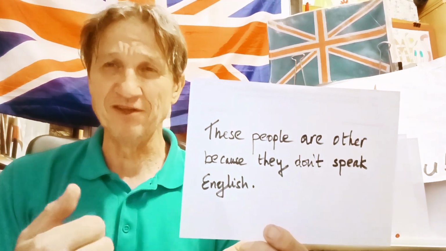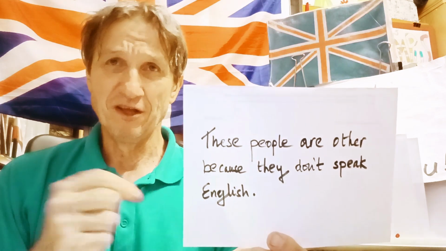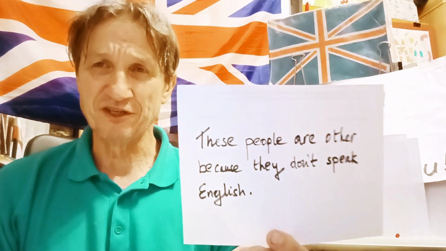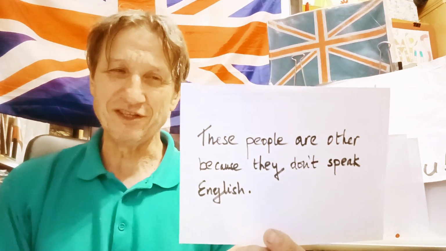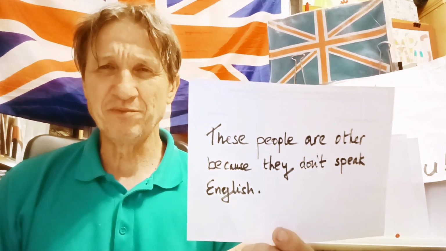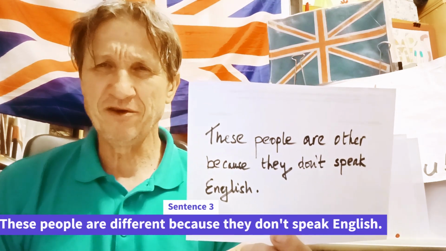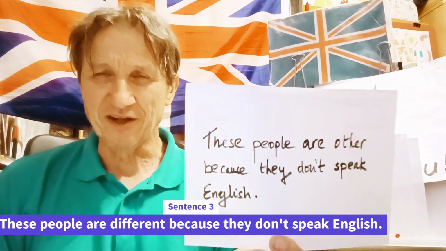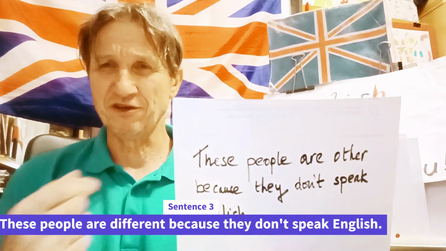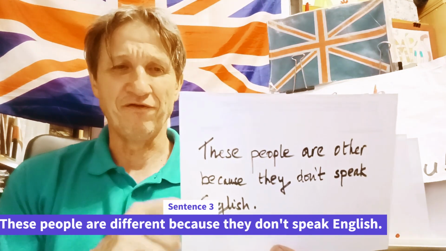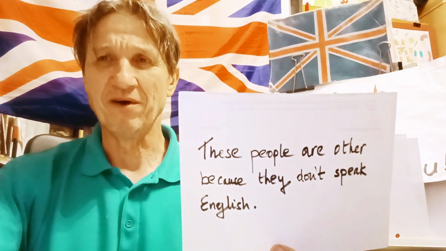So not being the same means you are different. So we need to be using a different adjective in this case. So the sentence should read, these people are different because they don't speak English. I speak English, but they don't, so they are not the same as me, they are different. So that's sentence number 3.